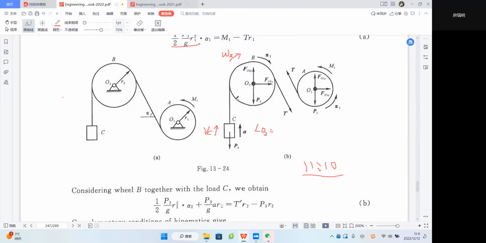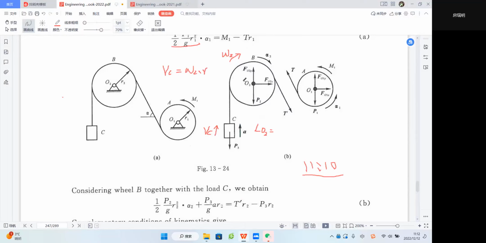First, because this string is inextensible, there is always a relationship: the magnitude of vc will always equal omega 2 times r2.